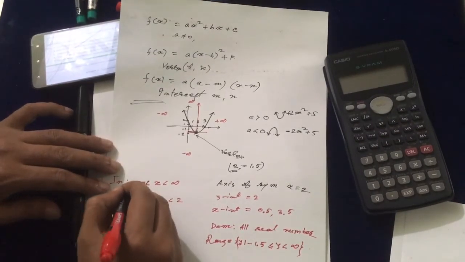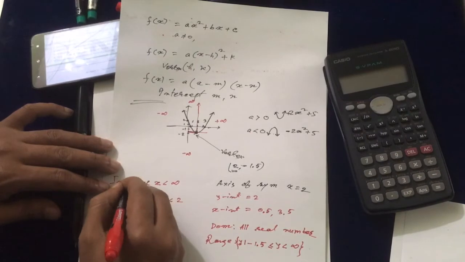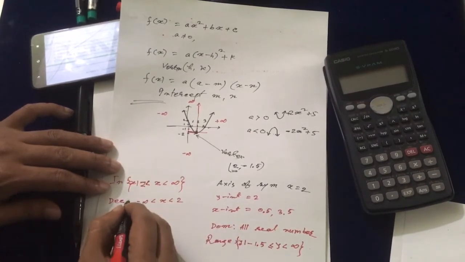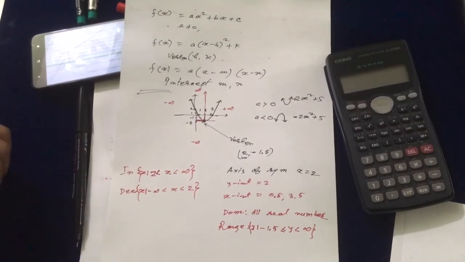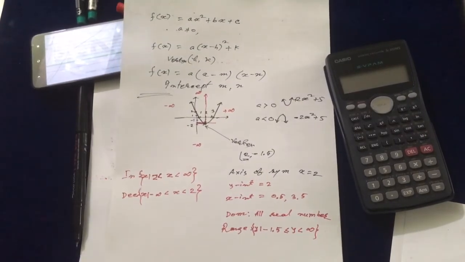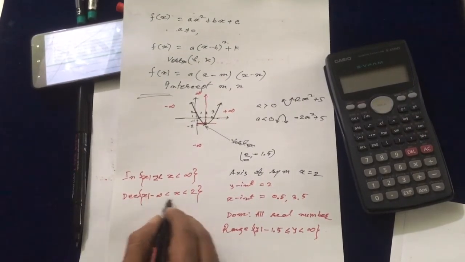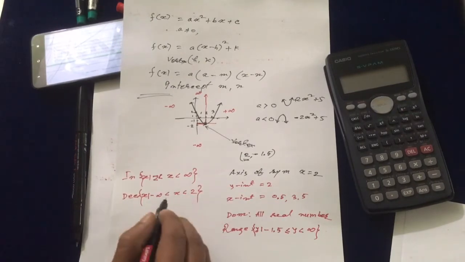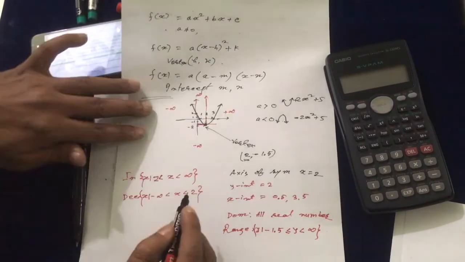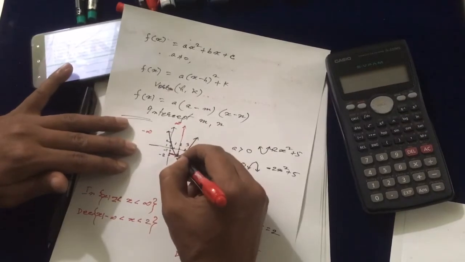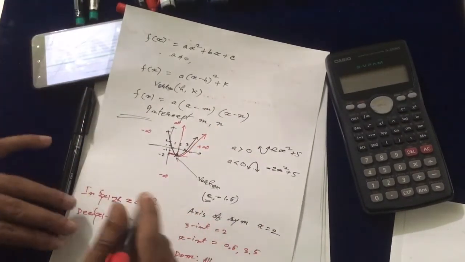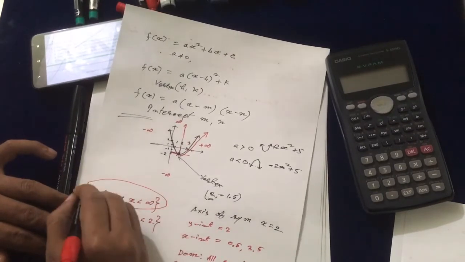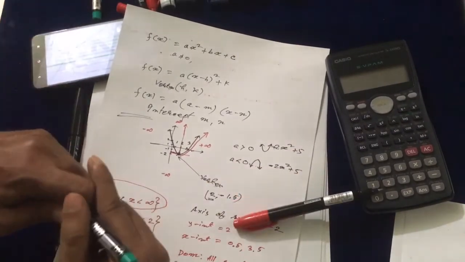Then I can write it this way also, x such that this way, just to make it clear. So from this to this the graph is decreasing, from this to this the graph is increasing. Just to be clear, this part, this color, is increasing.